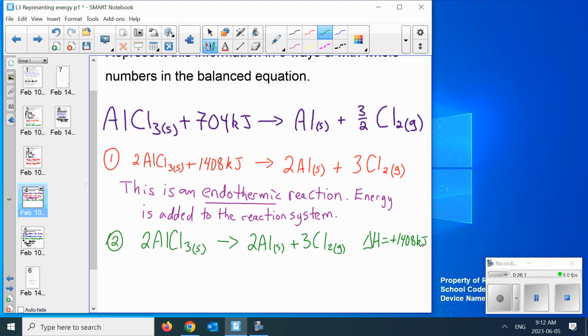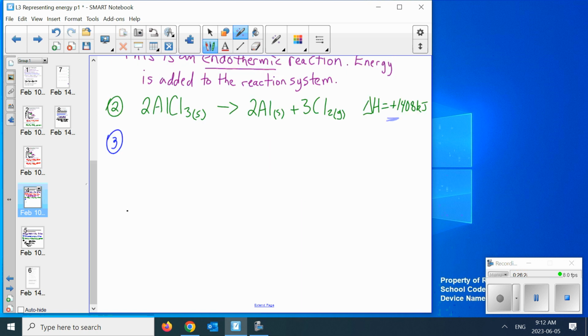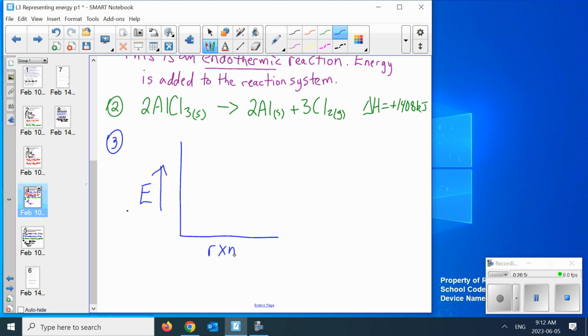Let's do the graph now. So with the graph, I'm thinking it increases in energy. That means on our graph, we're not going to put a scale on it, but it goes up. Read the graph from left to right. I'm going to put an E here. You can think of it as energy, but energy is going up. I'll draw an axis first of all. This is the reaction coordinate, sort of like time.